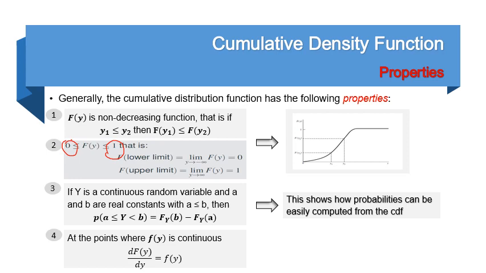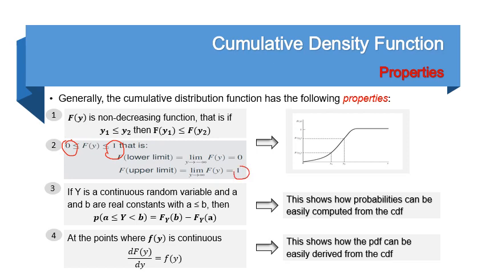What is the probability that your y is less than or equal to 5? There is no probability less than or equal to 5. My starting point is 5, so I don't have any probabilities less than that. And if you put the highest value for your variable y, you get the capital F as 1, because you add up all probabilities under the maximum value you have for your variable, so it will give you 1.